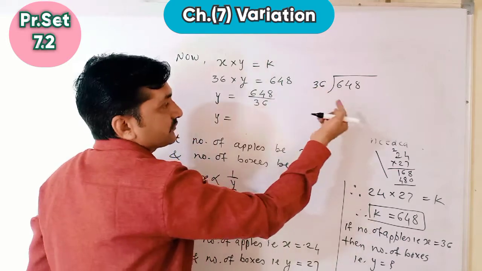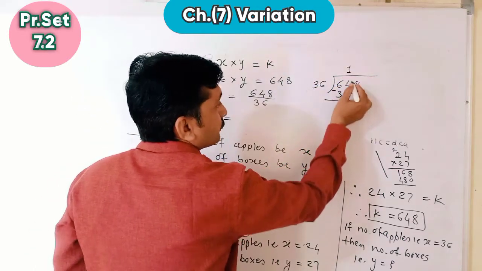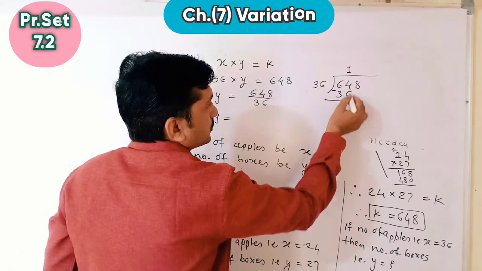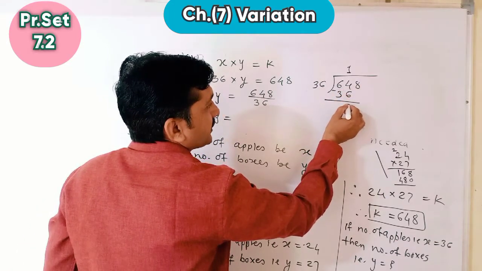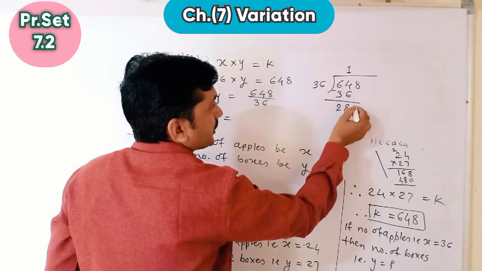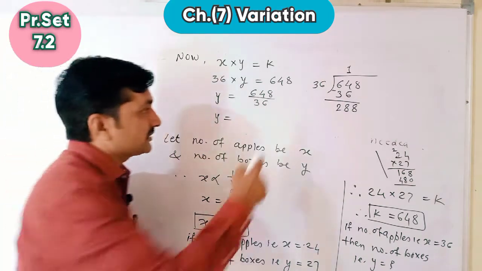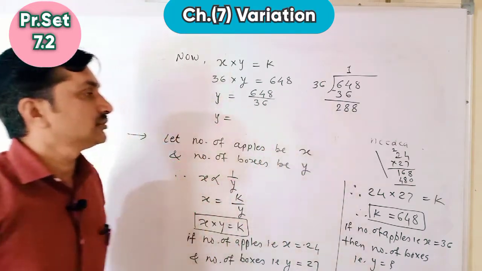36 2s are 72, 36 1s are 36, 14 minus 6 is 8, 6 minus 4 is 2, and here this 8 again. Now we have to divide 288 by 36.